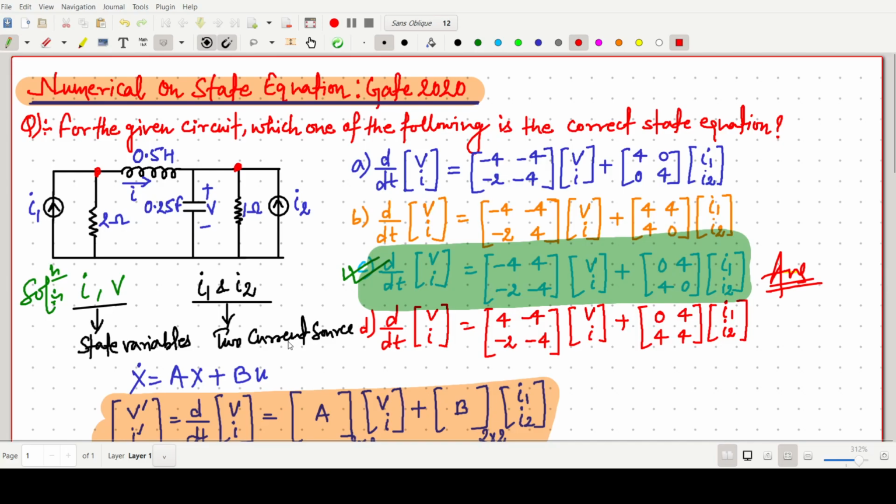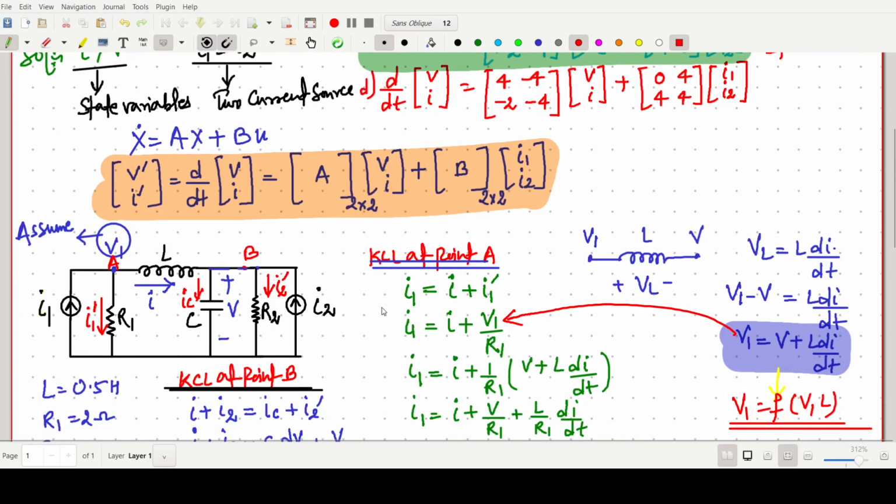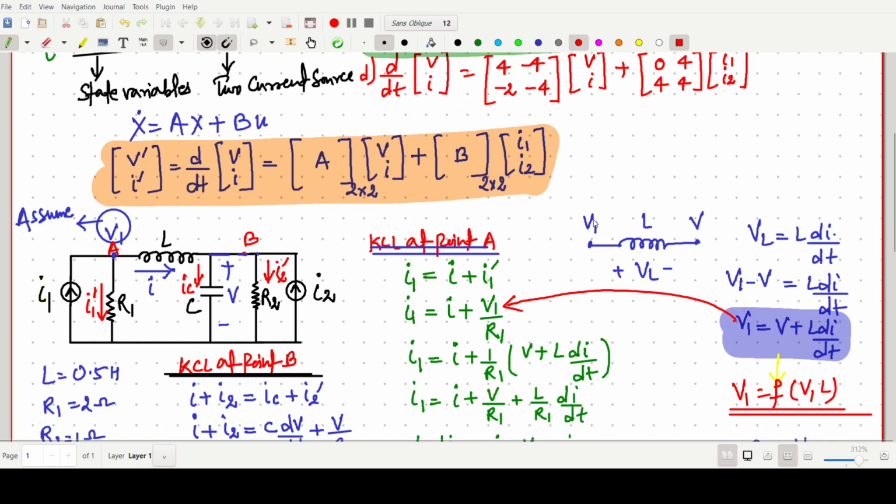Here V1 is the unknown, so how can we identify the value of V1? Because this V is given, the state variable across the capacitor. Vc is V and IL is our I.